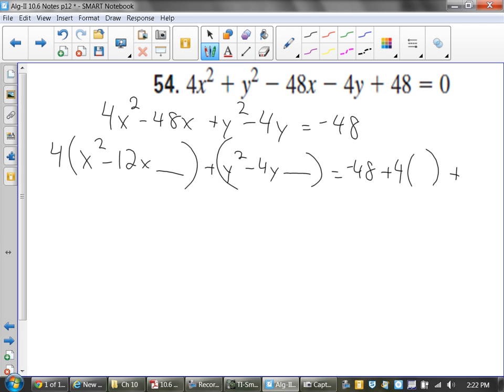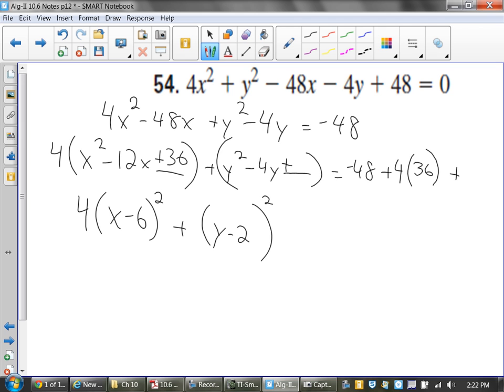What's half of negative 12? 6. So I have 4 times x minus 6 quantity squared, add in the 36. What's half of negative 4? Negative 2. You add 4 into both sides. And then lastly, figure out what's on the right. I think it's 100 if I'm not mistaken. We did that one earlier.